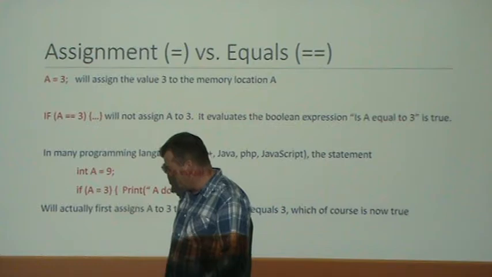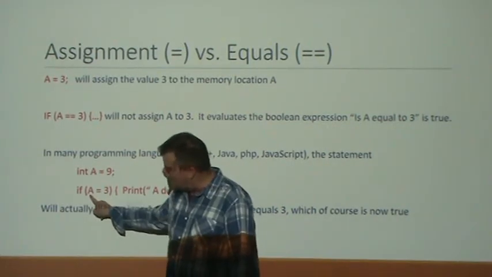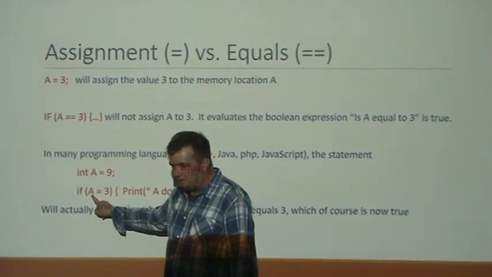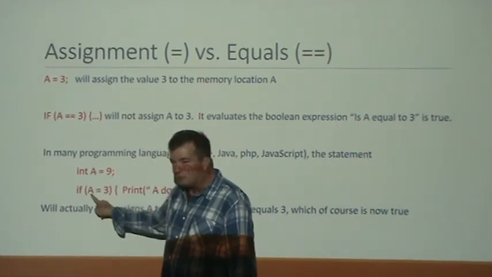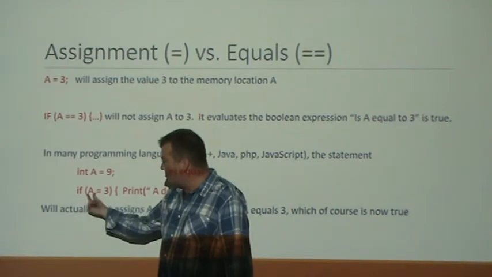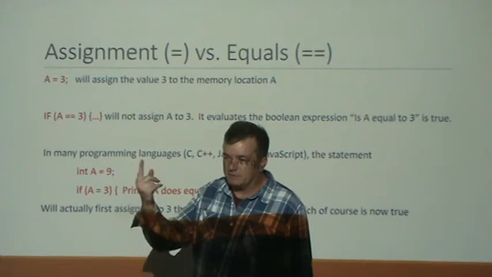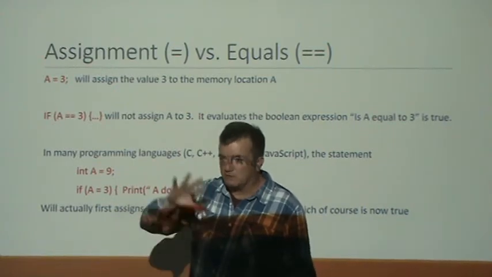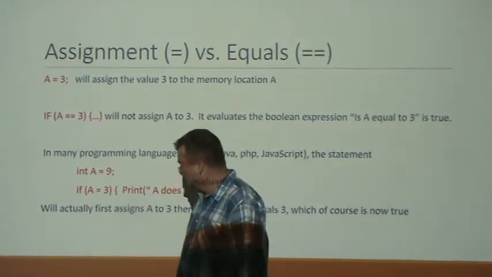So what would happen here is the value of A would be assigned to 3. The value of A would take on the value of 3, so the 9 would be lost, it would become 3. And then we would ask, is A true or false? And if A is an integer, if it has the value of 0, it's considered false, and if it has any other value, it would be considered true.